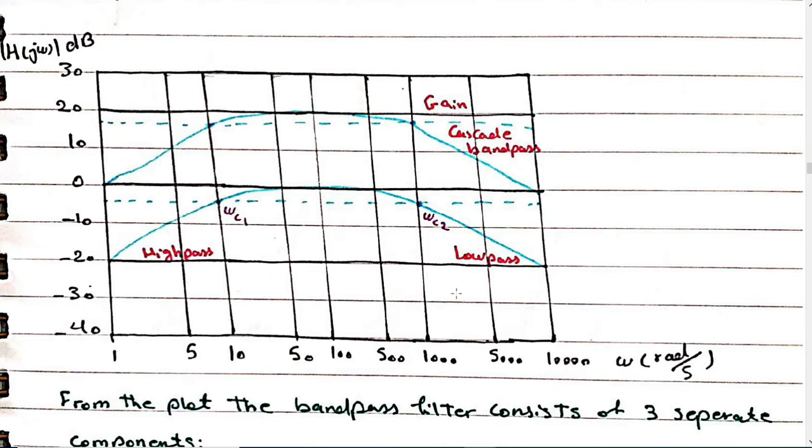So omega C2 is generated by the low pass filter or the high pass filter? The low pass filter. And omega C1 is generated by the high pass filter. And this gain, we use it just to increase the gain from unity to whatever we want. For this plot, 20 dB, but it can be any gain.